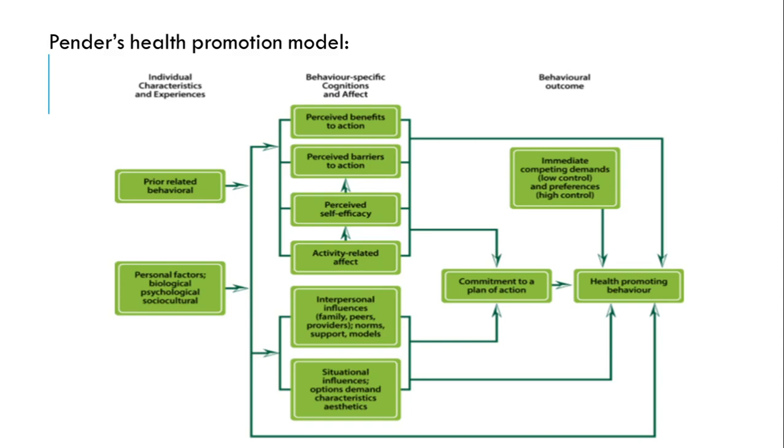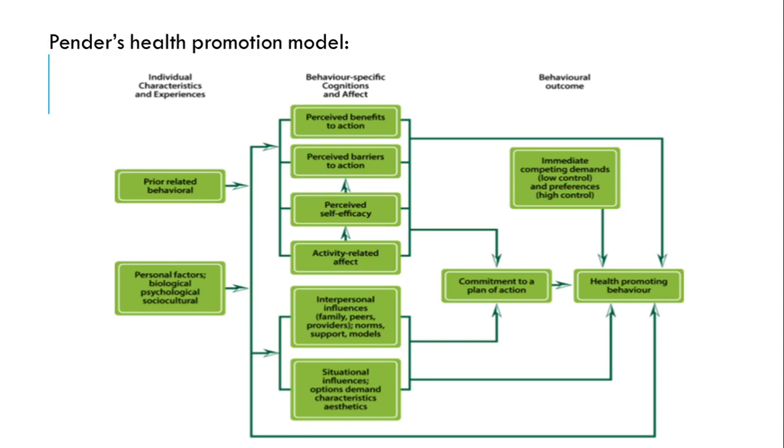But if there is pressure from family members or significant others, he will try to quit smoking, and situational barriers like peer pressure to smoke will hinder the commitment to the behavior. Sometimes positive situational influences will promote the healthy behavior.